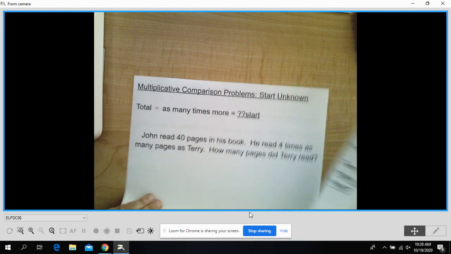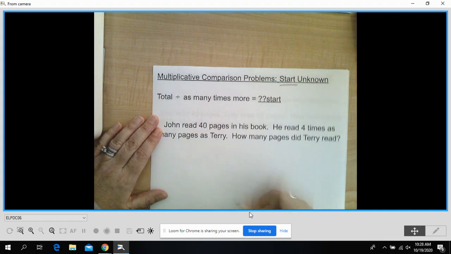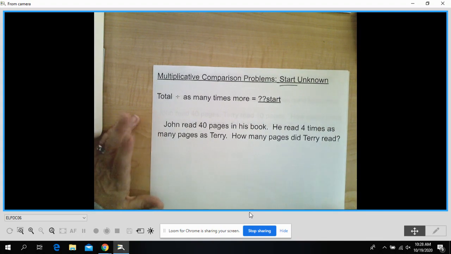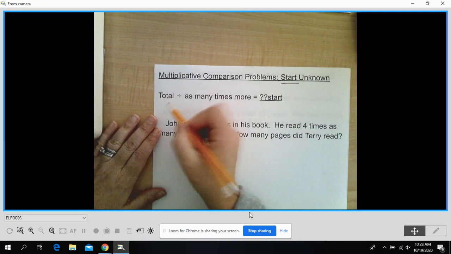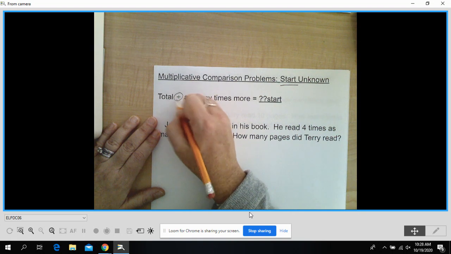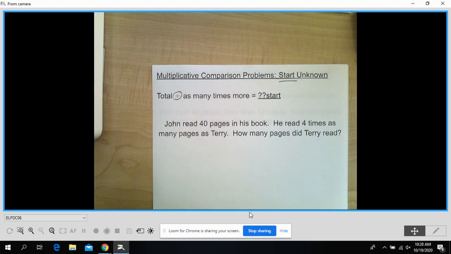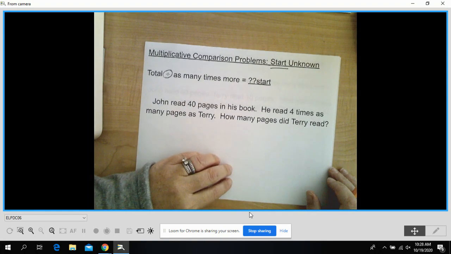There are 2 more types of multiplicative comparison problems. The second one is the start number is unknown. That's what we have to find. So we take the total that we're given. Look at what operation we're using. We're using division, but remember, multiplication and division are inverse operations.